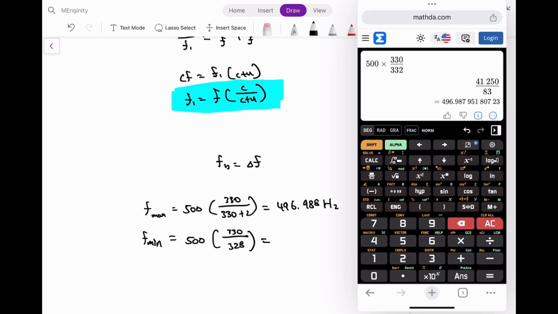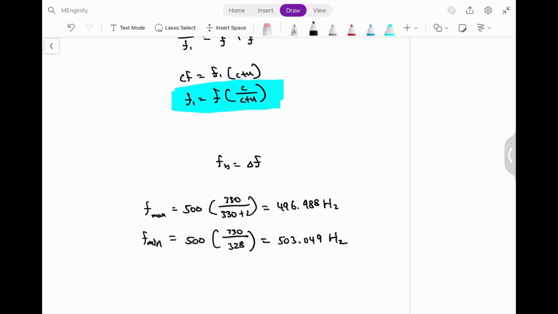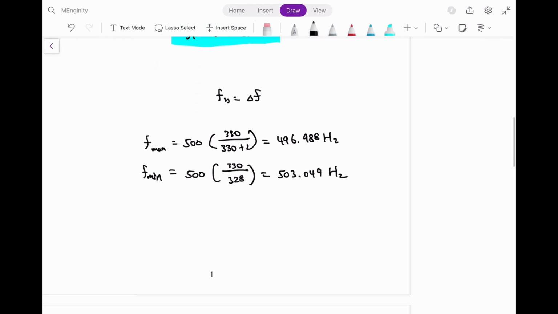And then that is, yeah, so that's 503.049 hertz. I'm not going to change the signs.